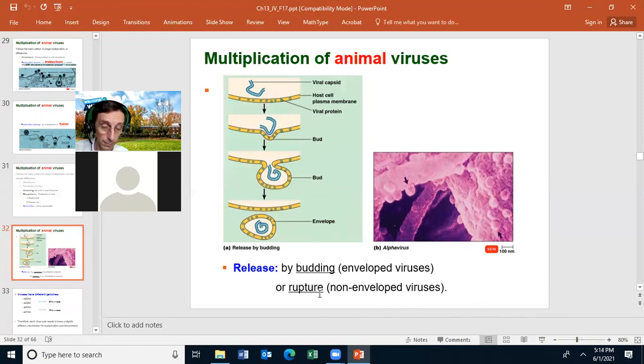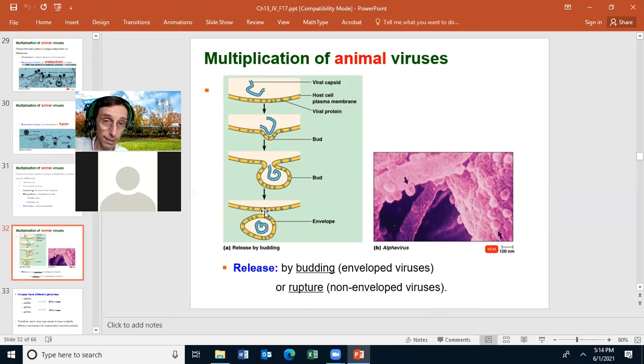And the animal viruses that follow the lytic life cycle are non-enveloped viruses. And if you remember, we call those naked viruses. All they have is a protein coat around the genome of the virus. But the enveloped viruses have a protein coat and then a lipid bilayer around the protein coat.